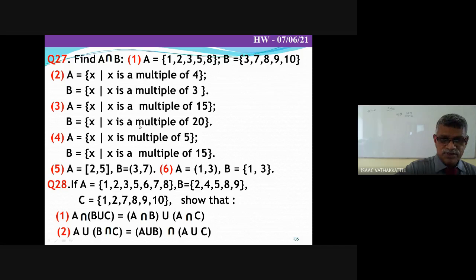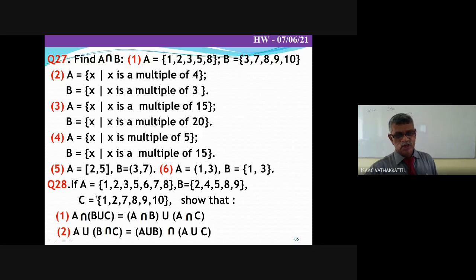Further, in question number 28, you have to verify. Precisely you have to show. This is actually we are verifying the distributive law. For the left side, first you find B union C, then you find A intersection B union C, then mark it as 1. Then you find A intersection B, then you find A intersection C, take their union, mark it as 2.